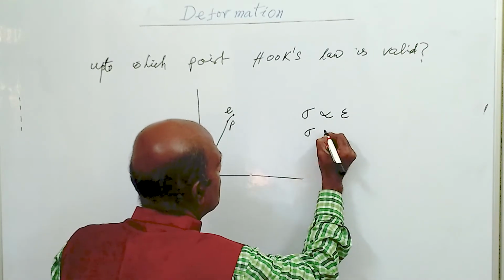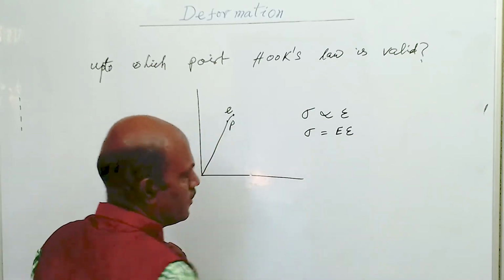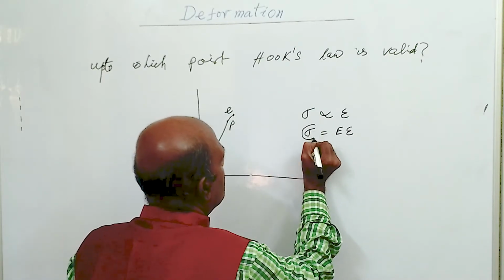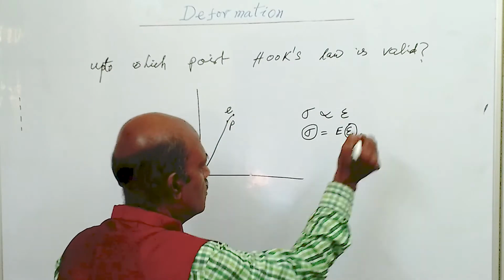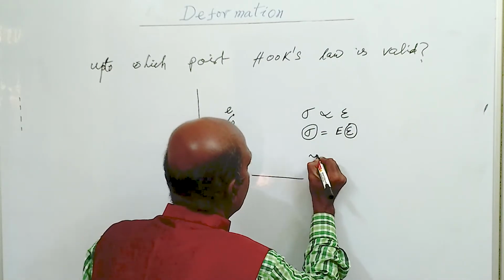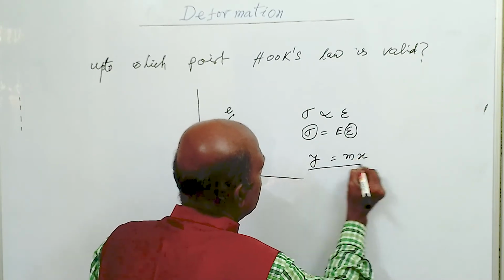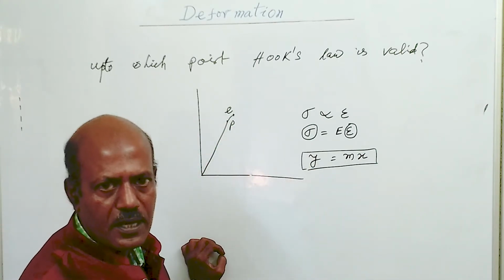So stress is equal to some constant into epsilon. Now here two parameters are variable, sigma and epsilon. In higher secondary mathematics we can write y is equal to mx. So it is a straight line curve, the equation of a straight line.